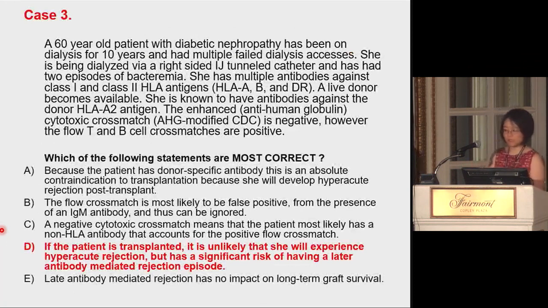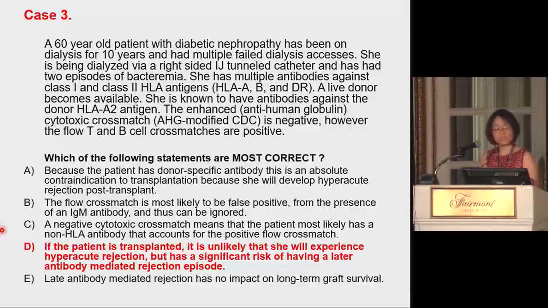All right, so we'll try to get through this case. This is a 60-year-old patient who's been on dialysis for 10 years. She's had 2 episodes of bacteremia because she dialyzes through a right-sided IJ catheter. She has multiple antibodies against class 1 and class 2 HLA antigens, and a live donor becomes available to her.